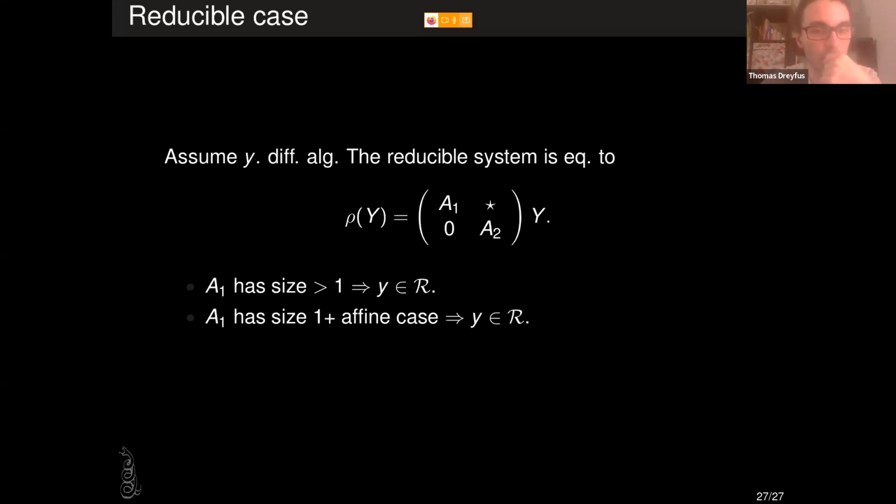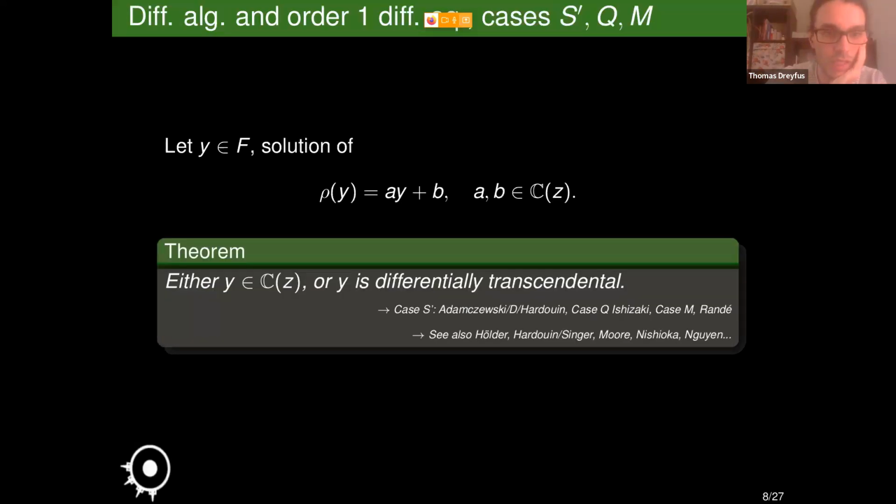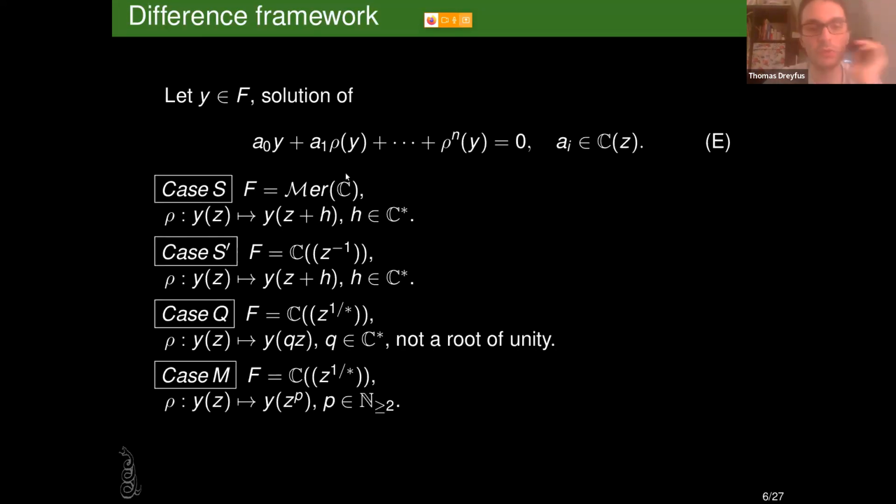Before finishing this talk, let me make a comment. Here we have treated the case S. The idea was to add some functions that are counterexamples in general. Here we have added the exponential.